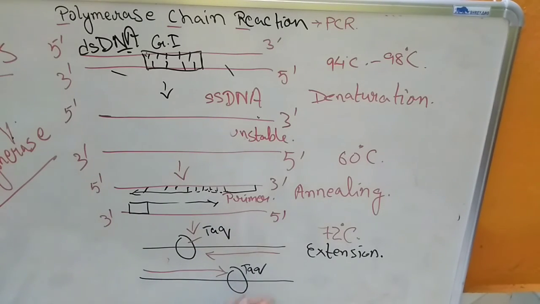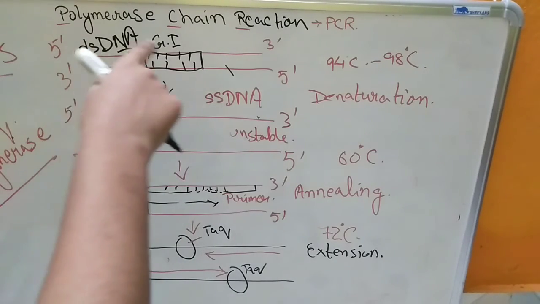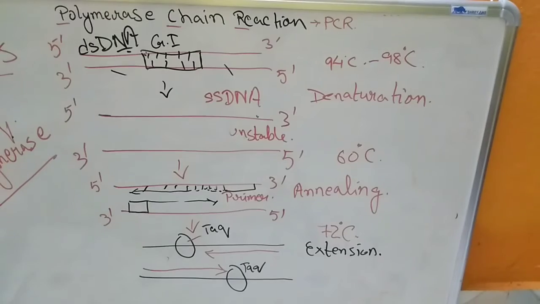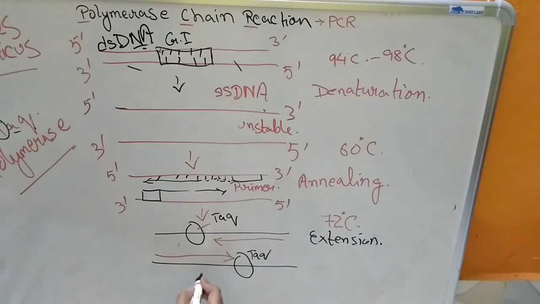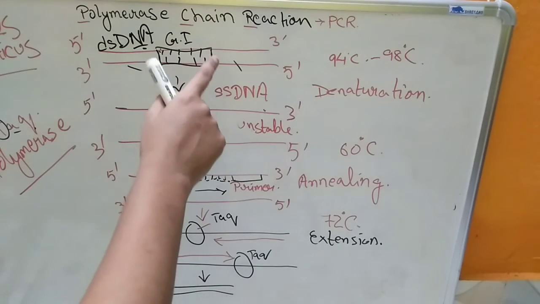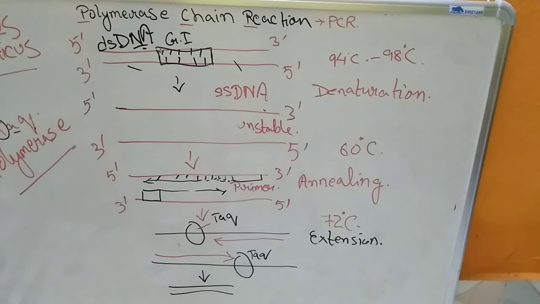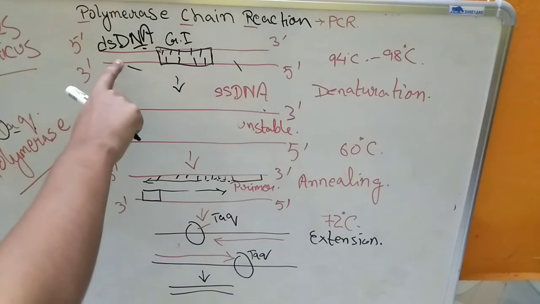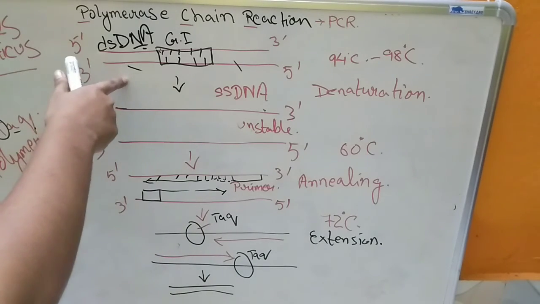and as a result we will get two double stranded DNA molecules. So in this way we are getting two double stranded DNA molecules from a single double stranded DNA molecule.